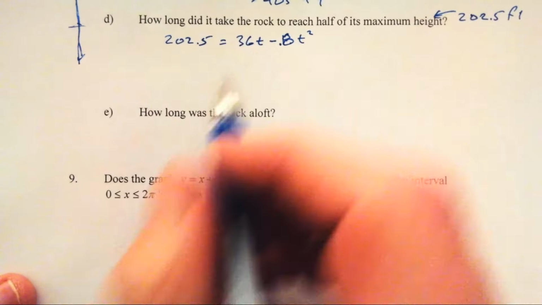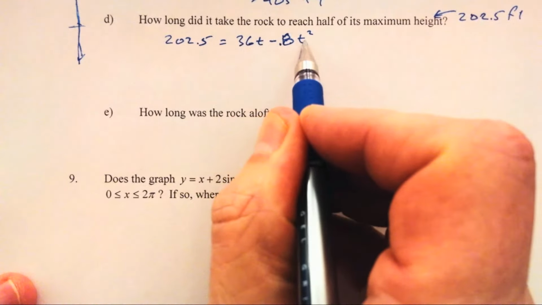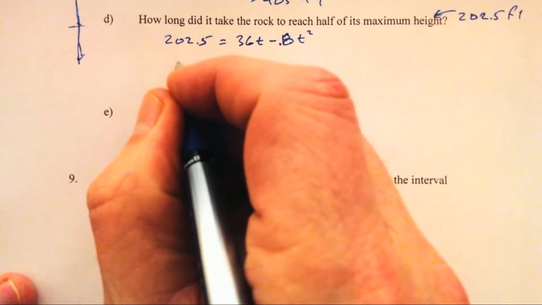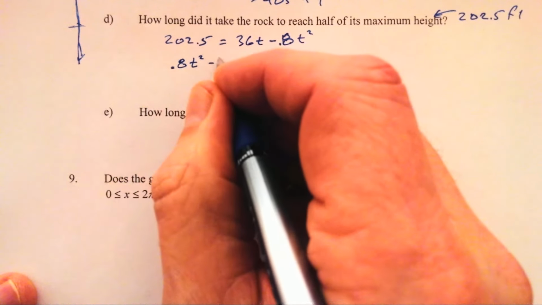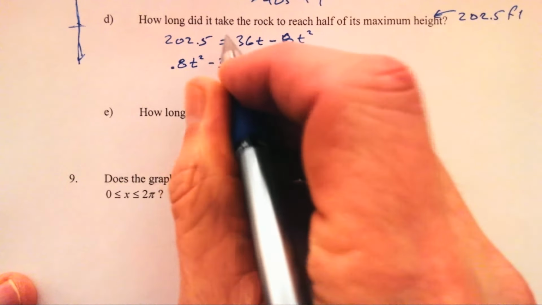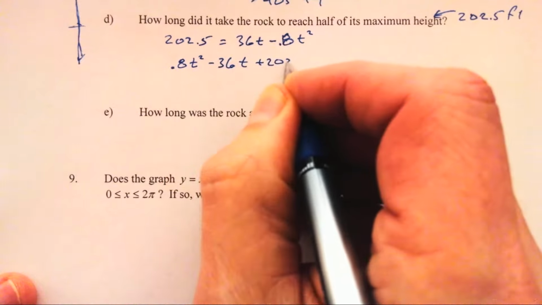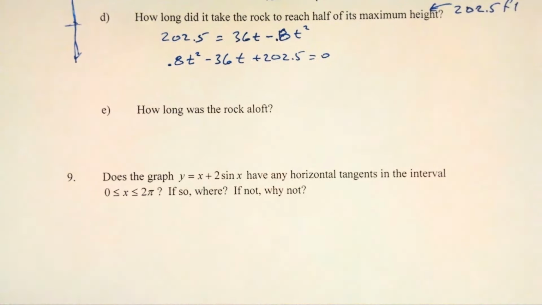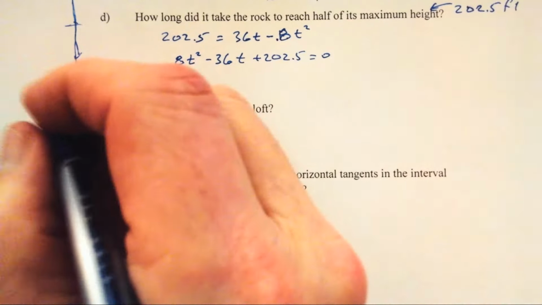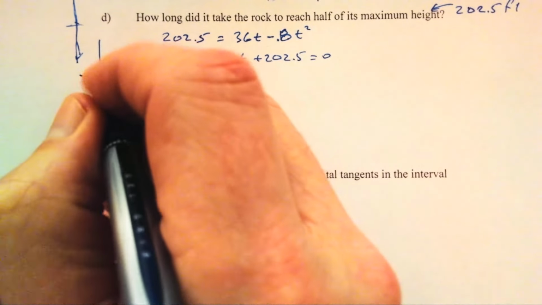So that gives me a little quadratic to work with here. I like having positive t squareds when I'm doing quadratic formulas, so I'm going to add 0.8t squared minus 36t. I'm going to leave 202.5 over here so it stays positive, equals 0. And I'm going to go to the quadratic formula with that. Now again, if I graph the flight of the rock over time, here's what I know.